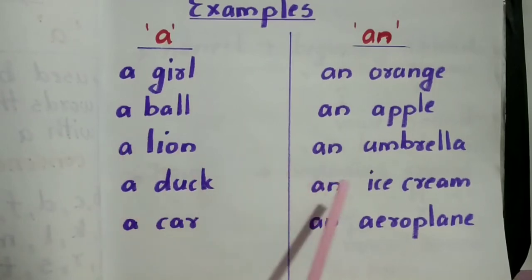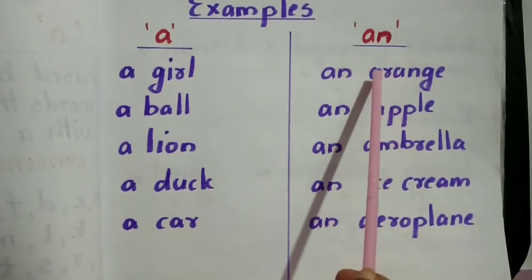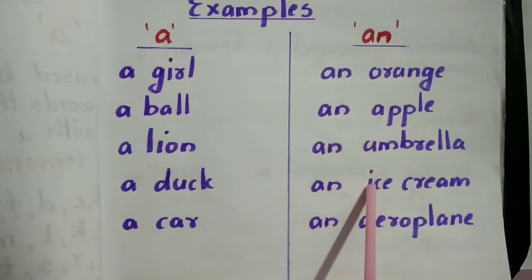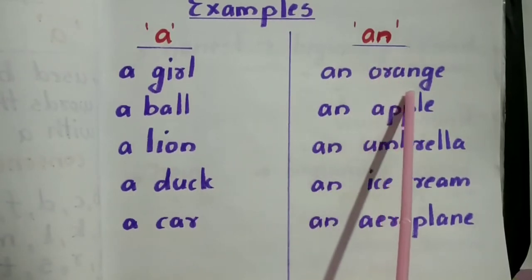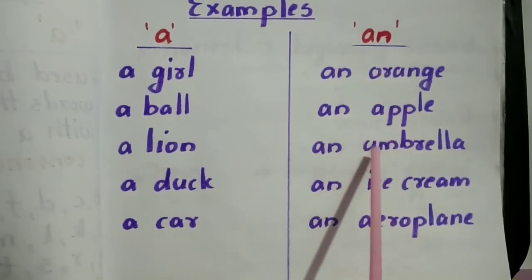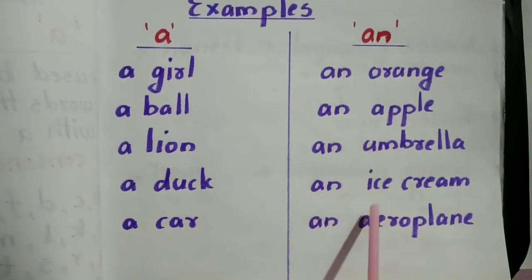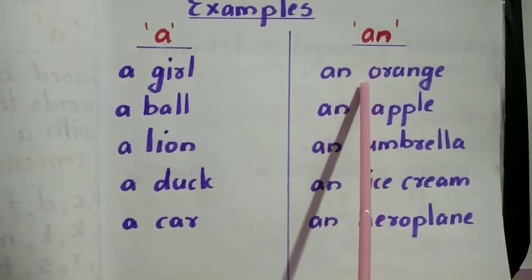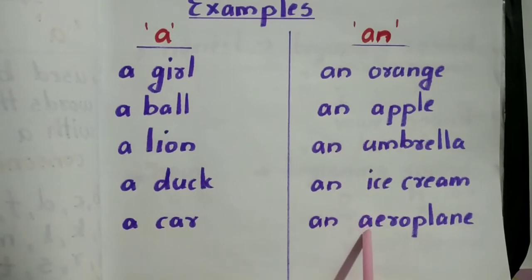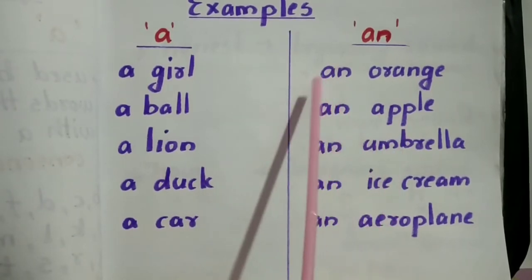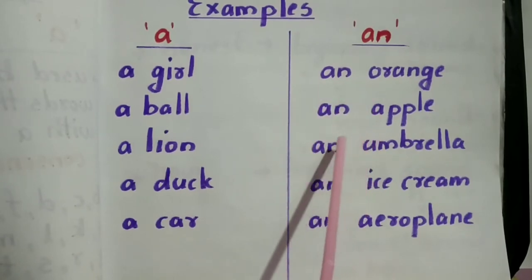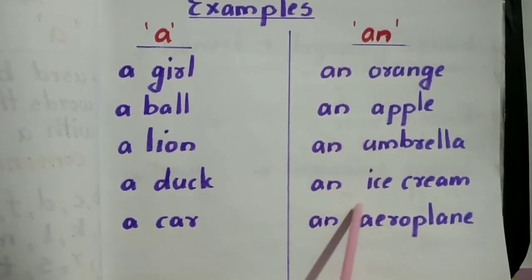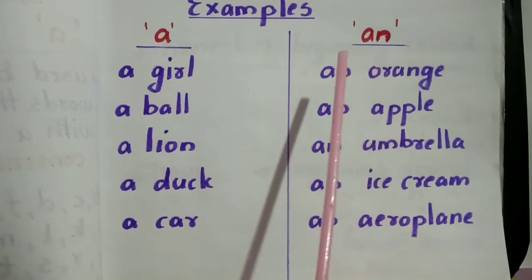On the other side, we have vowel letters and vowel sounds like orange, apple, umbrella, ice cream, aeroplane. So we use an with all these words. An orange, an apple, an umbrella, an ice cream, an aeroplane. We won't say a orange.